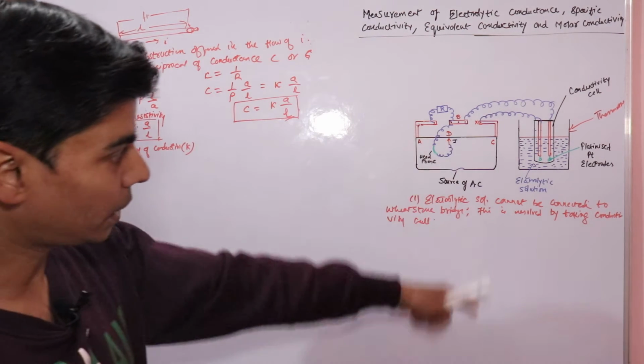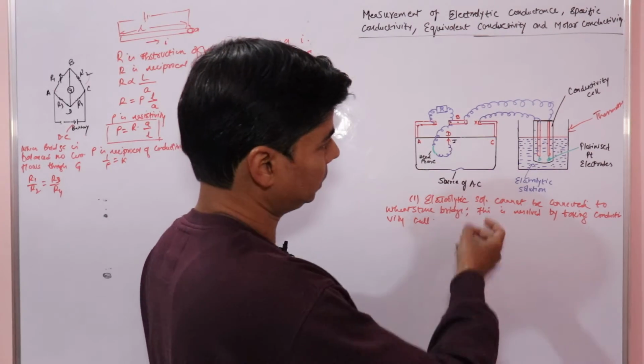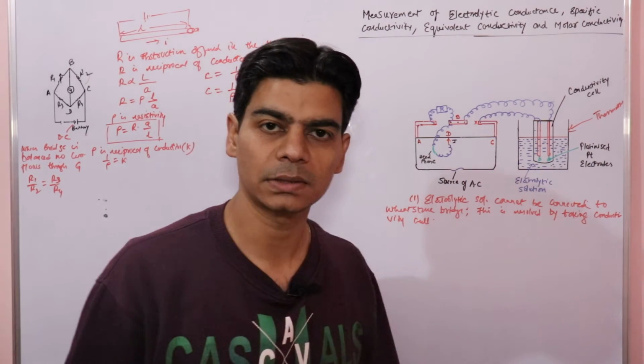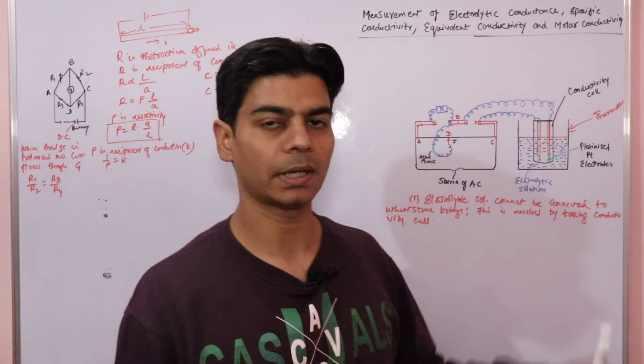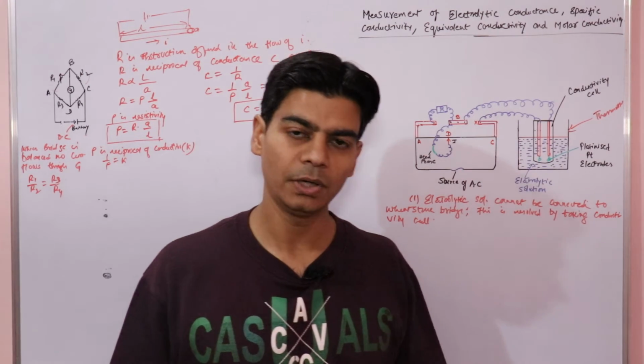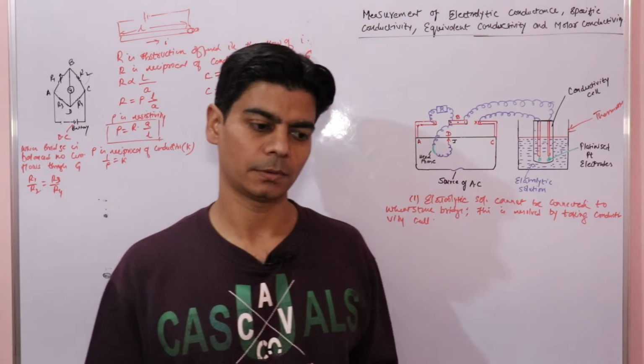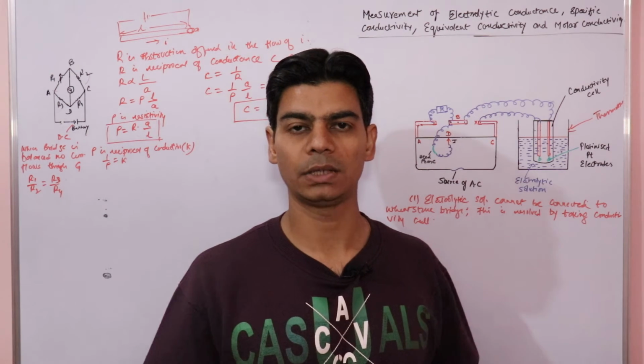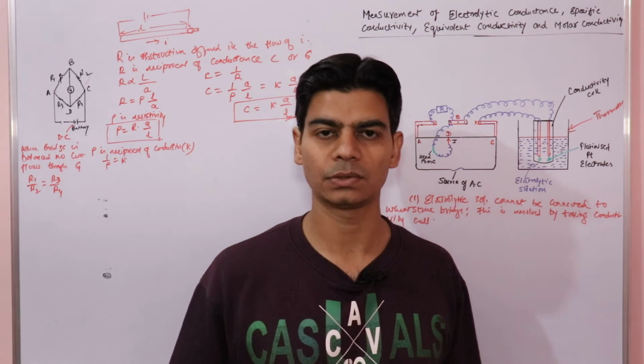Let's see what happens if I pass direct current into this electrolytic cell or into this conductivity cell. We know from electrolysis, or when we did conduction through electrolytes, how current is conducted through electrolytes.